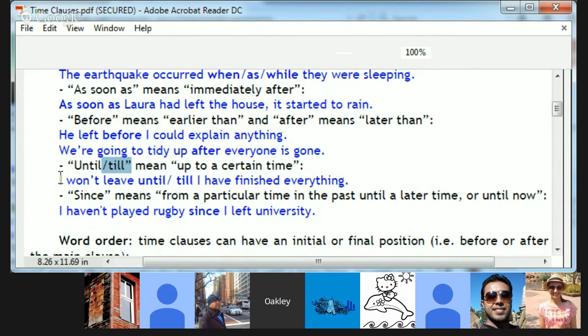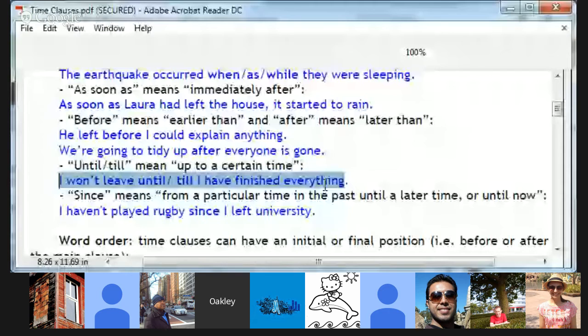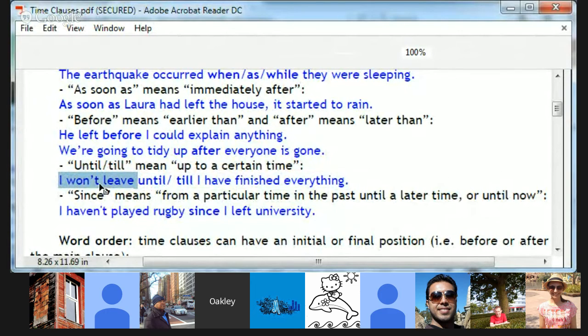Okay, here's an example. I won't leave until I have finished everything. Okay, notice the verb tenses here. In our independent clause, I won't leave. Obviously, it's the negative future.